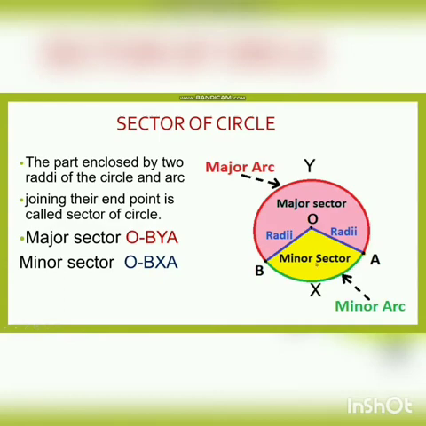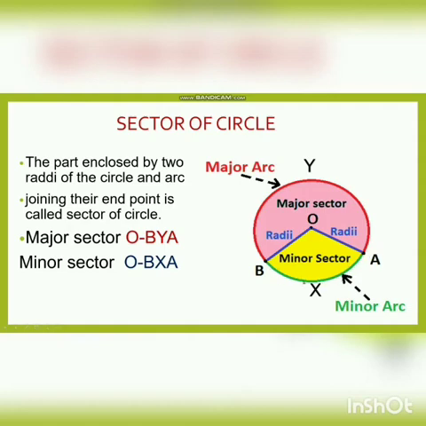To find the area of this minor sector, this is the center of the circle O, and here the angle at the center is theta. OB and OA are the radii of the given circle, and BX is a minor arc.